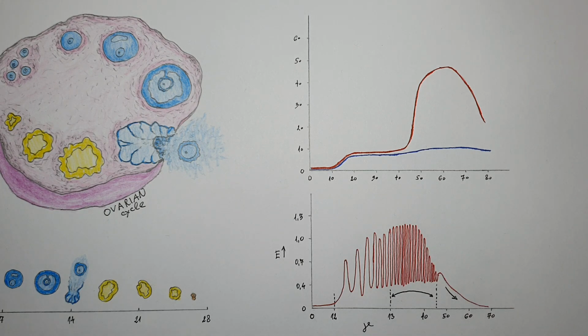Between these years, in the reproductive years, we have the menstrual cycle, and there is a possibility to achieve pregnancy.